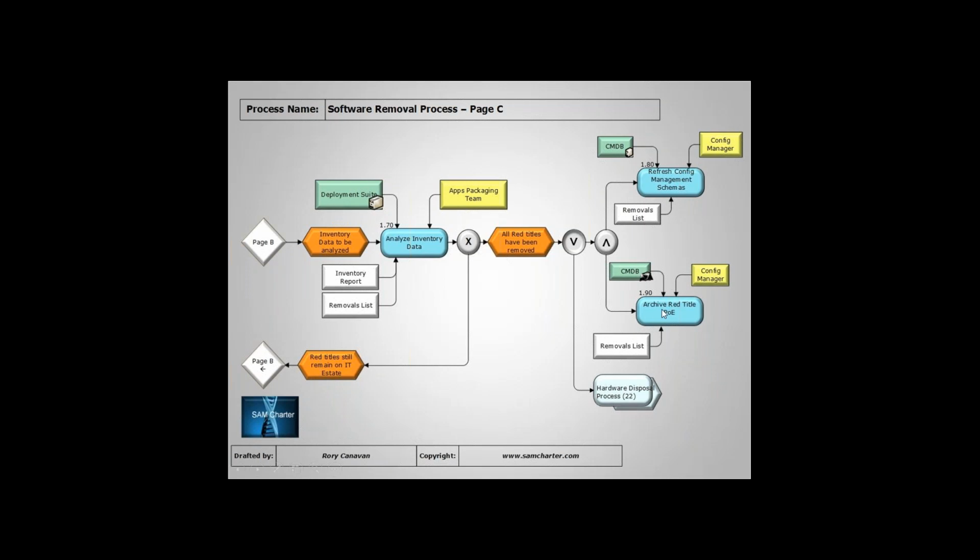And finally, we have an activity here to archive red title POE. Sorry, proof of entitlement, that's what that stands for there. We have in this model, as it's modeled, the config manager is keeping proof of entitlement in his CMDB. Obviously, there'll need to be some element or record of that entitlement being placed into the SAM suite too.